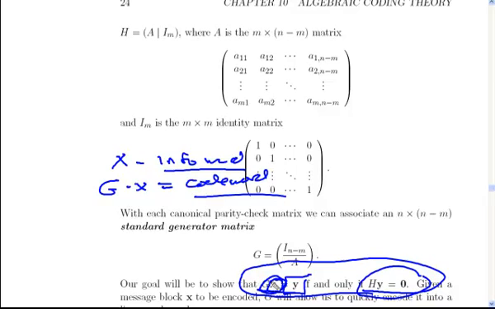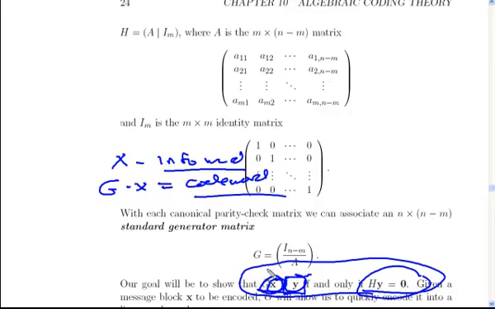Suppose x is my original message. How long must my original message word be, I should standardize my terminology, call it message word, in order to achieve a code word that is of length n?